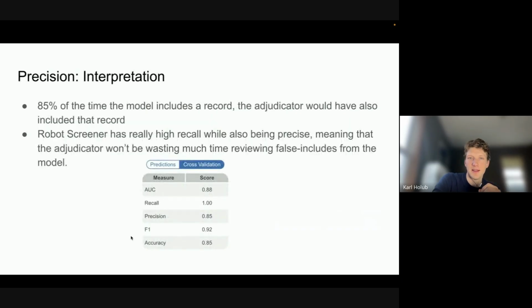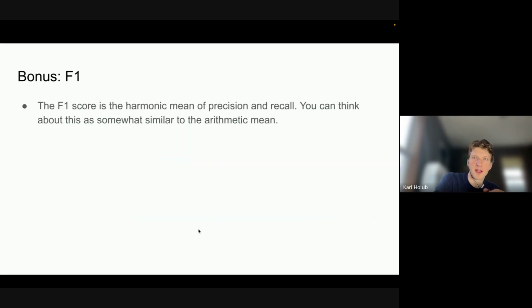You'll notice that in this case, it falls in the middle of precision and recall, 0.85 and 1. F1 is just the average of those two. Really, F1 is there for our more technical users. But if you ever see it, there's no real magic to it. It's just an average of precision and recall, which are pretty simple statistics to compute.